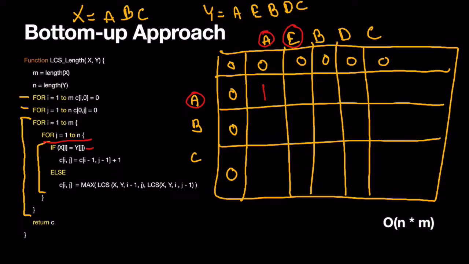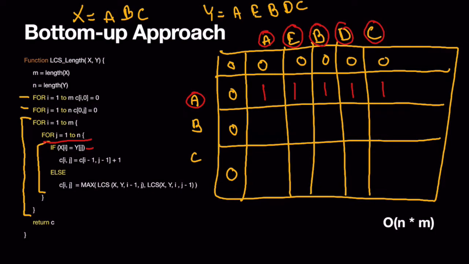And j minus 1 we just computed, so it'll be the value at A, A, 1. And we keep moving forward to A, B. i minus 1 is 0. j minus 1 will be the value at A, E, 1. A, D are not equal, 1. A, C.